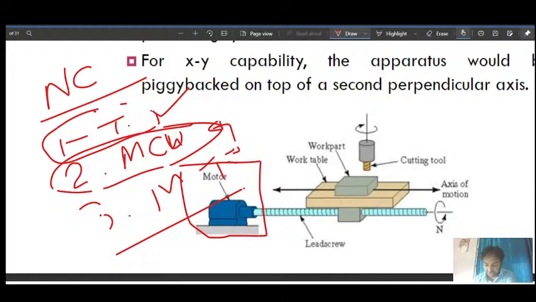So controller will be the part of machine control unit, and based on that signal generation, the signal will go and it drives the machine tool.